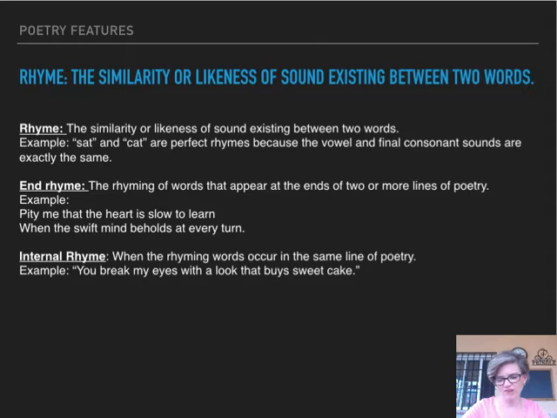lots of times throughout our poetry unit will be that poems are meant to be enjoyed out loud. Okay, they're meant to be read aloud.